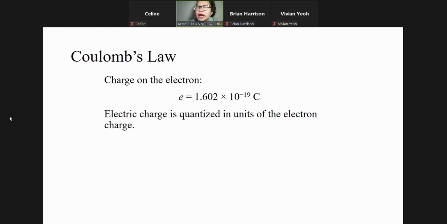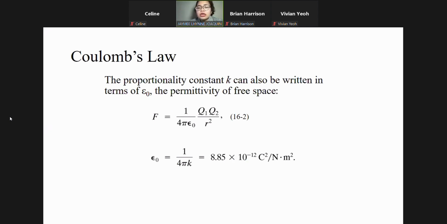Aside from the charge of your electrons, there is also a difference for the proportionality constant if we are talking about free space. So it's not always that the movement or the electric charge happens here. There will be cases that it will be in free space.